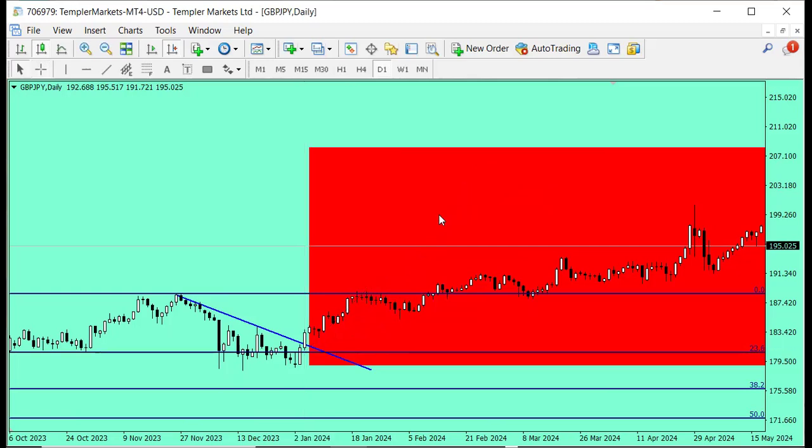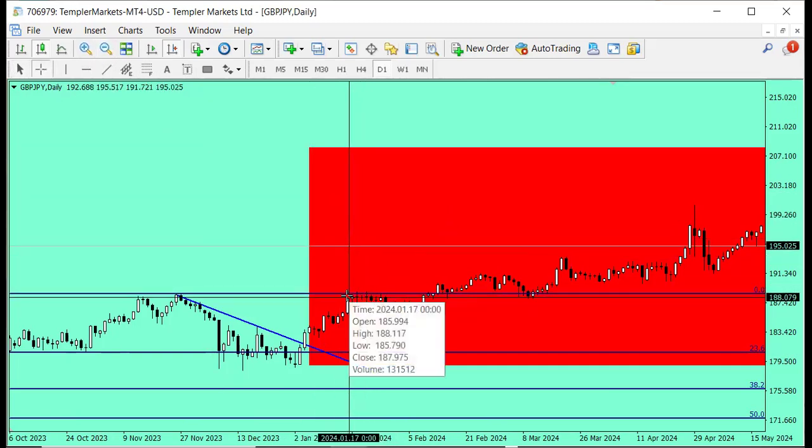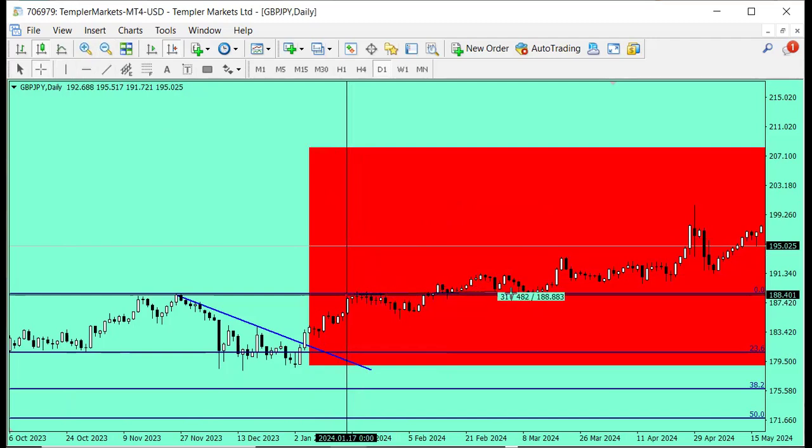Now, before I go any further, I want you to notice the arrangement of candlesticks on this highest point, which is also the resistance. The highest price of last year is also the 0 level of the Fibonacci.